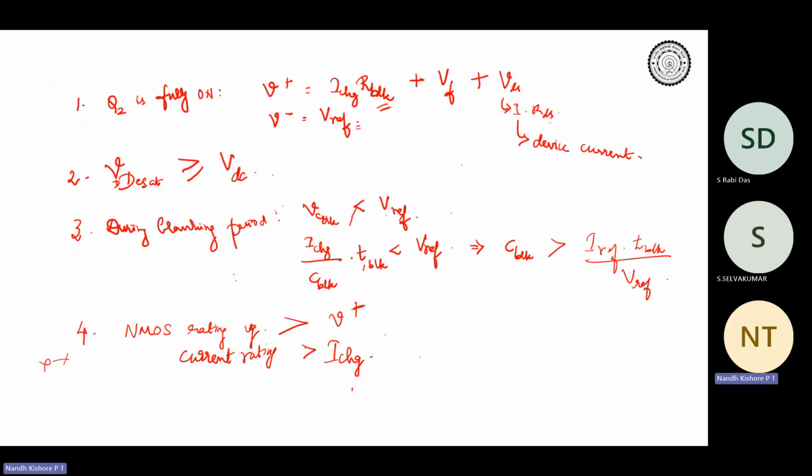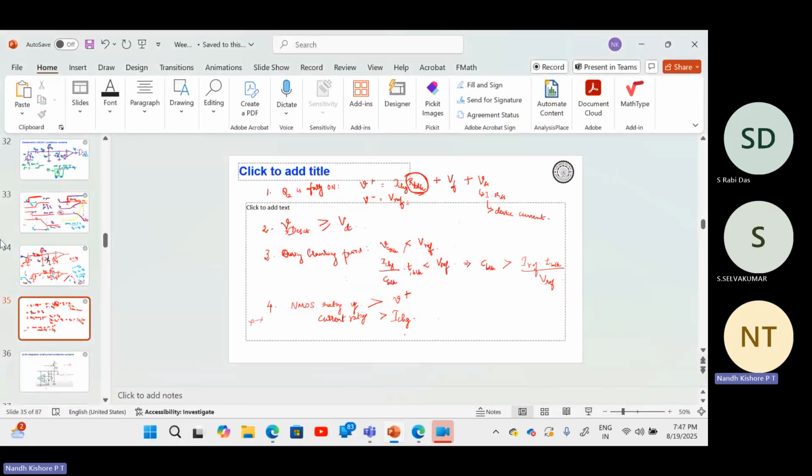So I was talking about this UCC gate driver IC. How do I set the value of RBLK? We saw that with RBLK you can control the fault threshold current. So let me take a new slide.